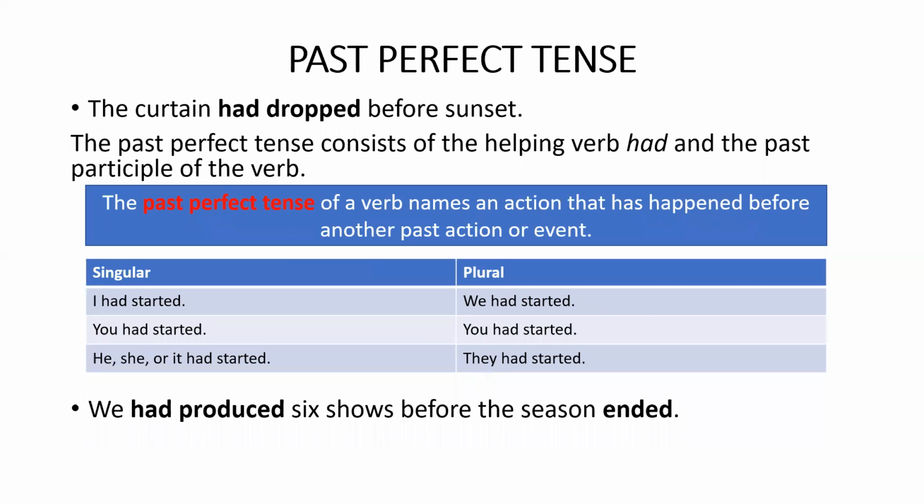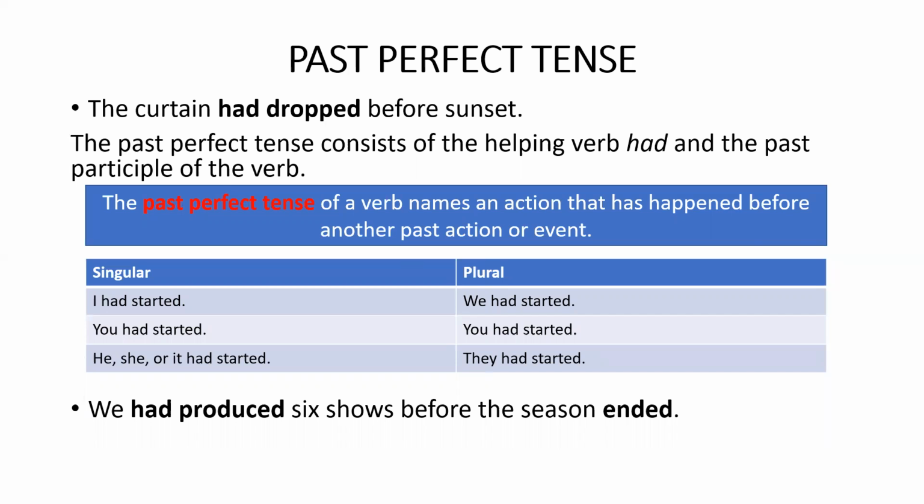Look at this example. The sentence contains a verb in the past perfect tense. The curtain had dropped before sunset. The past perfect tense consists of the helping verb had and the past participle of the verb.